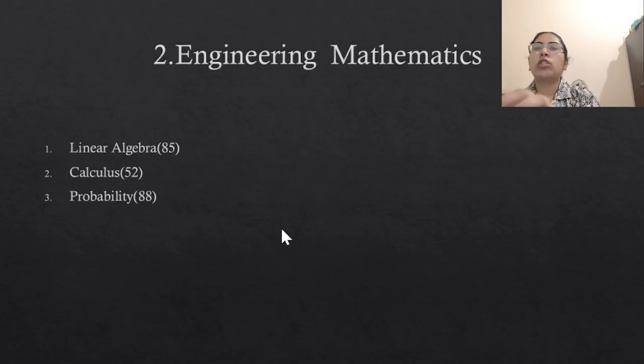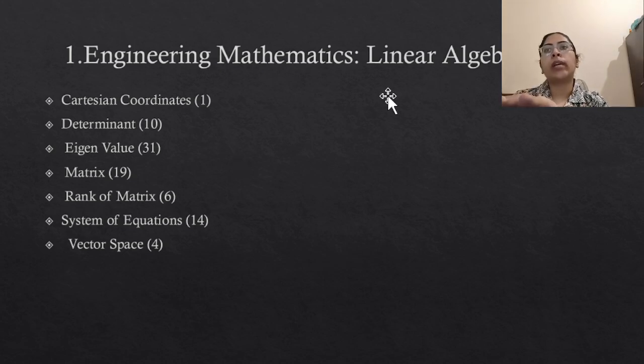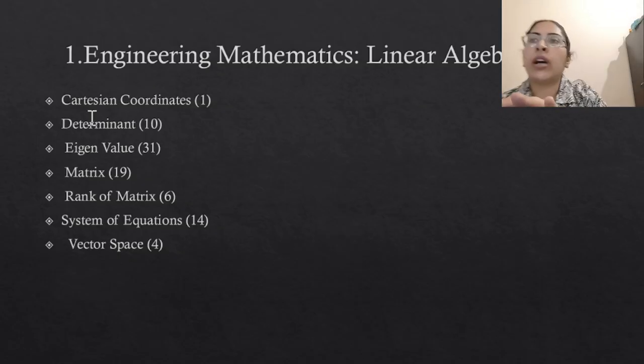Now we will move to engineering mathematics. There are three topics of engineering mathematics: linear algebra, calculus, and probability. Linear algebra contains about 85 questions, calculus 52, and probability 88. Here I have provided linear algebra: Cartesian coordinates, determinants, matrices, rank, system of equations, vector spaces.